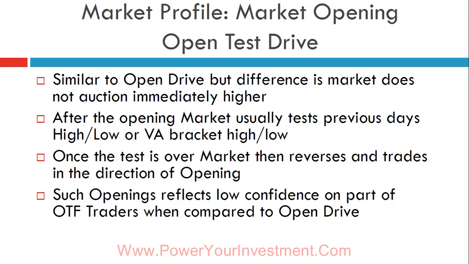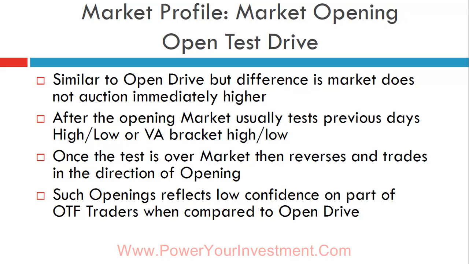So just be careful about that. The various reference points are something I'll cover later. But most of the times what I have seen is that either the value area high is touched or the previous day's high is touched. That is what happens. So these are two favorable points where market comes down.